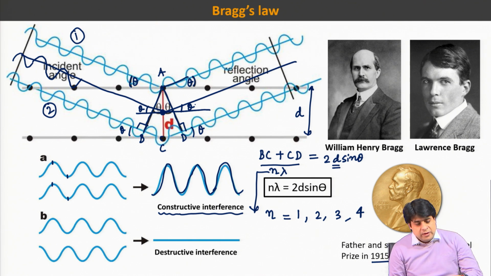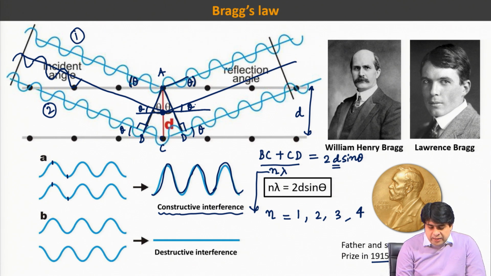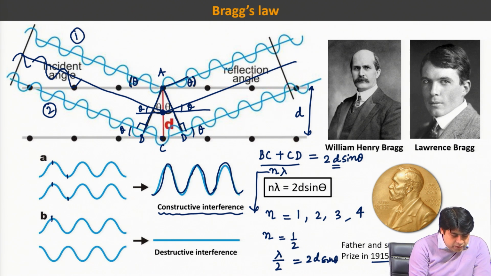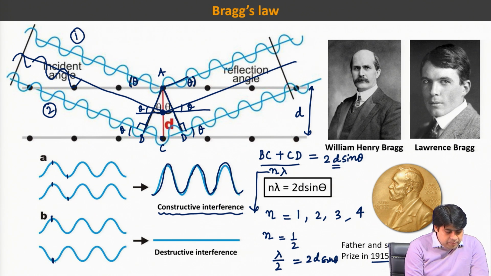In this case, when you have some intermediate atom in between these two planes, n will be 1 by 2, it will not be an integer value. So, lambda will be half equal to 2d sin theta, and this particular crest will match with a trough of ray 3.